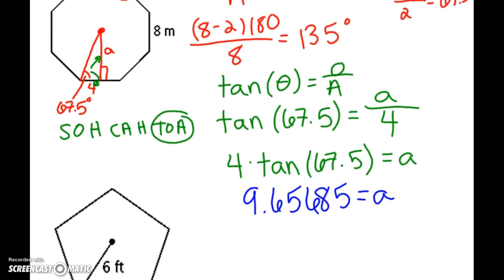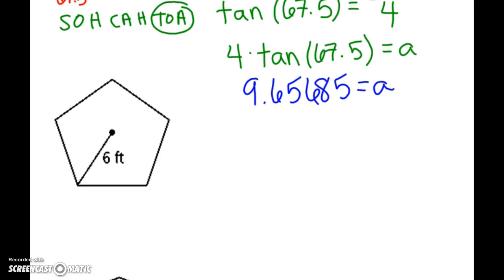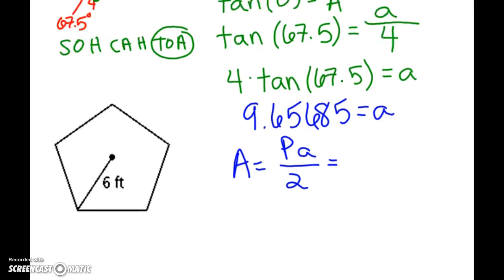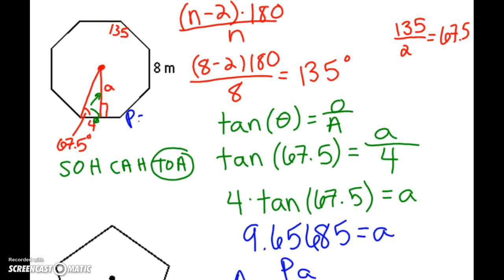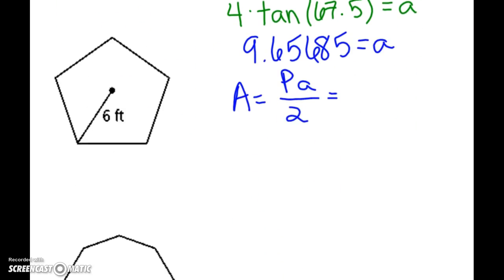Remember, area equals perimeter times apothem over 2. I know my perimeter: side length is 8, there are 8 sides, so perimeter is 64. My apothem is that really ugly number, 9.6568, all divided by 2.